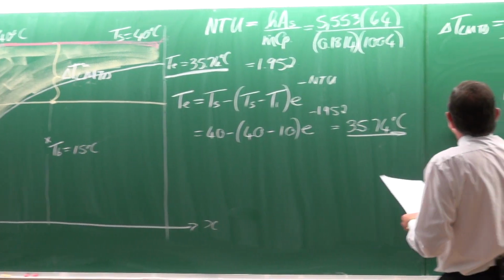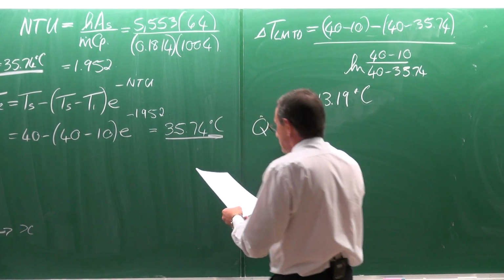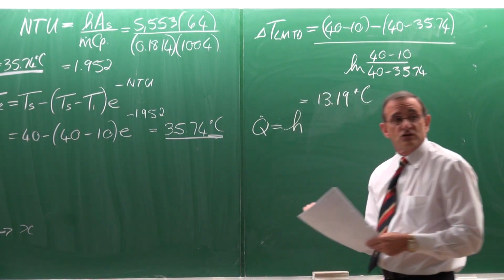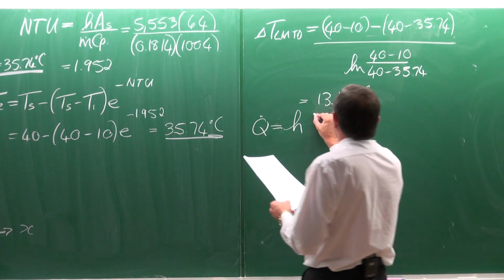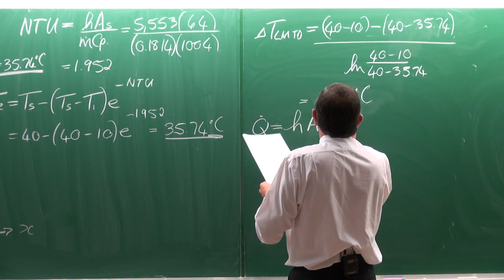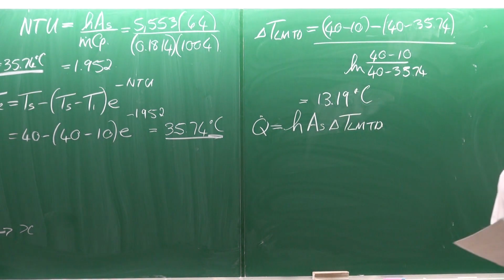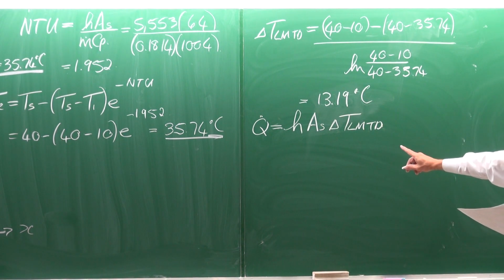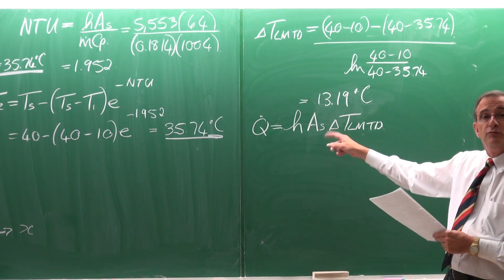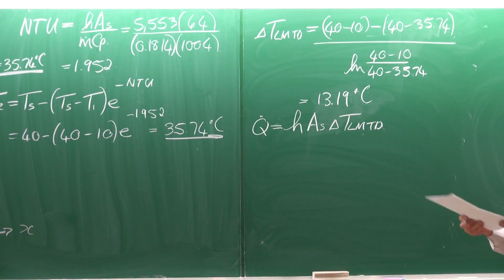Right. Now I can calculate the heat transfer rate. The heat transfer rate is the heat transfer coefficient multiplied by the surface area multiplied by the LMTD. That is the correct way of calculating the heat transfer rate if we've got constant wall temperature.